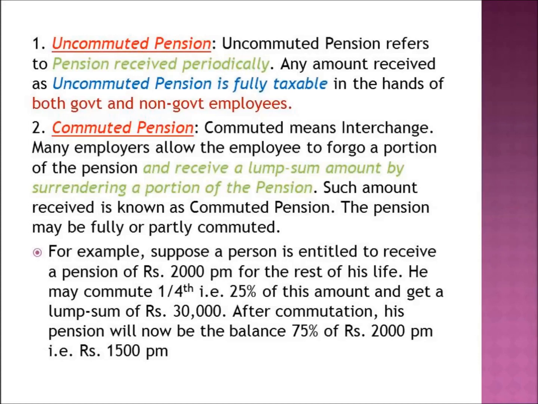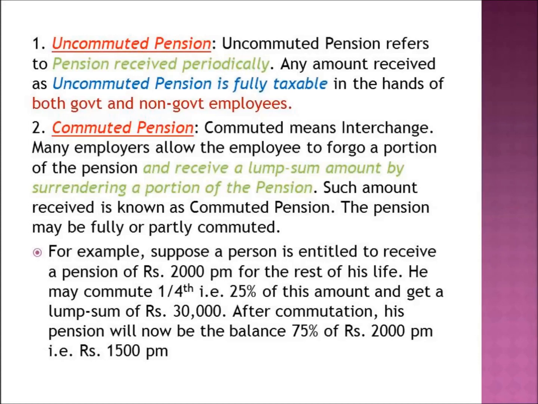So after commutation, his pension will now be the balance 75% of rupees 2,000 per month, that is rupees 1,500 per month. As he has commuted 25% of his pension amount, he will only be entitled to receive 75% of the pension. And what is 75% of rupees 2,000? That is 1,500.